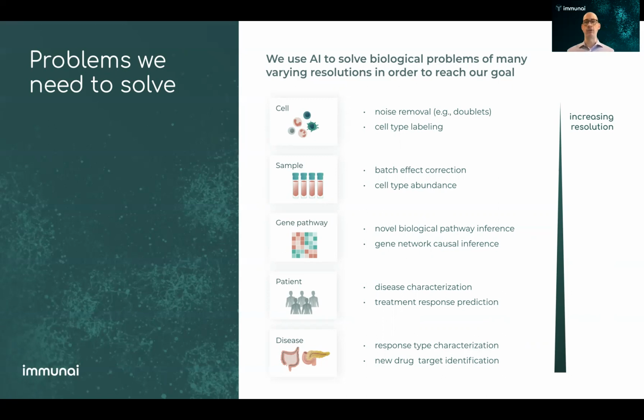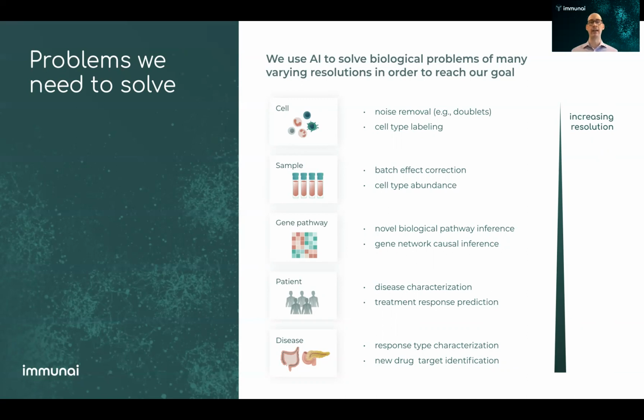At the sample level, we have things like technical batch correction and cell type abundance. At the gene pathway level, so gene-gene interactions, we have to infer, are there new novel pathways that haven't been studied before that we need to find? For an existing pathway, how do we understand the causal relationships between the genes within that pathway? At the patient level, we have things like disease characterization. Is this patient going to respond well to this disease or not?